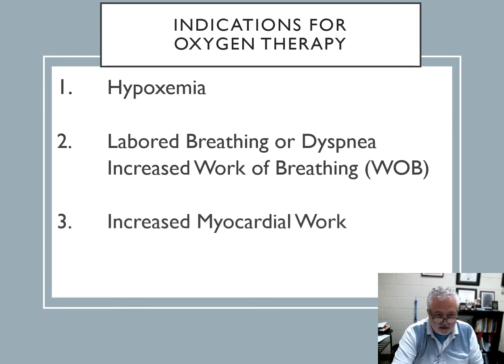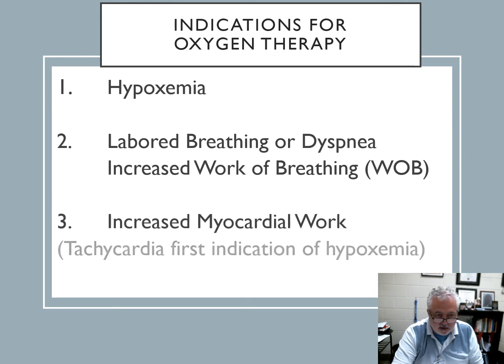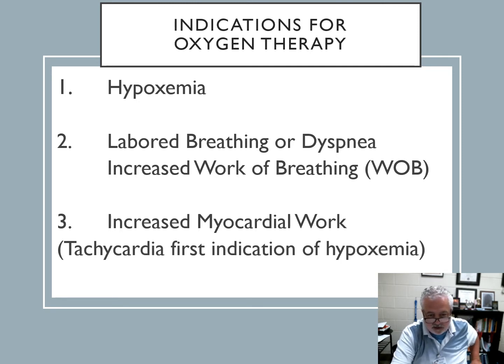Number 3 says an increase in myocardial work, and this is typically shown to us as tachycardia as the first indication of hypoxemia. Really the heart rate is a great monitor of the patient's condition.